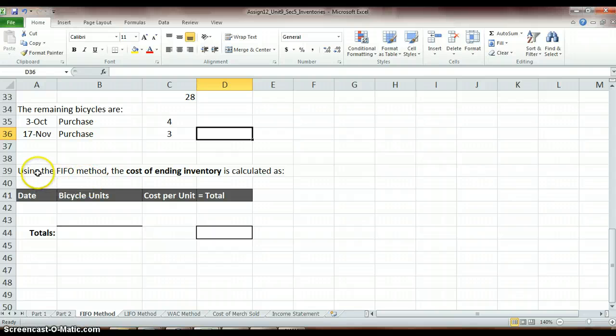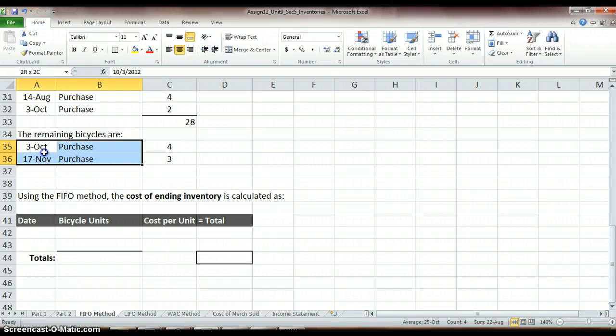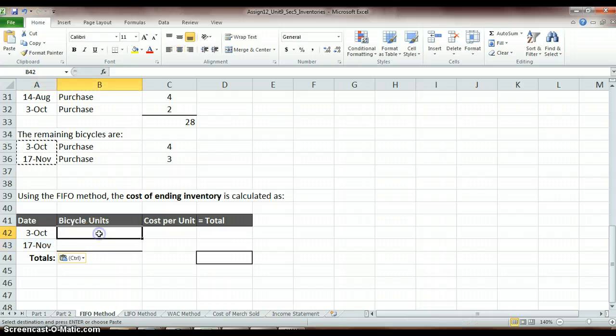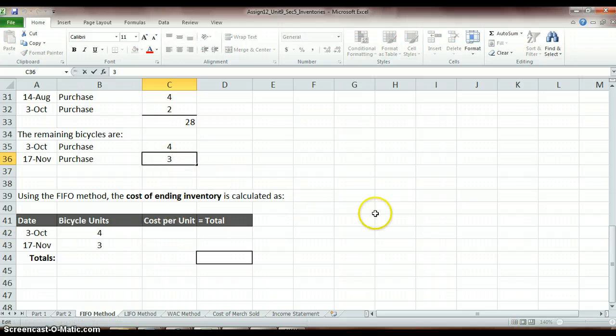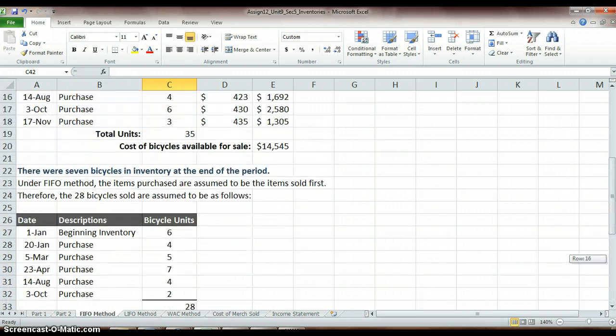And then, using my FIFO method, I need to figure out how much of those remaining bikes, what cost am I paying for those? So I can copy down the date of my purchases, number of bicycle units, cost per unit. Okay, so this is where I need to then go back up and find out what did I pay per unit in October when I made this purchase.